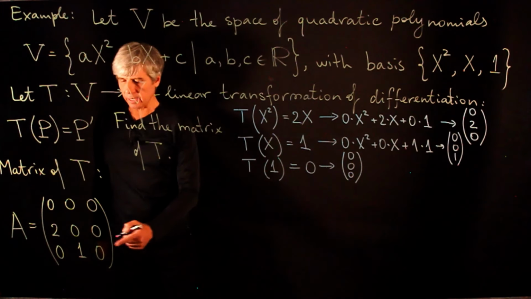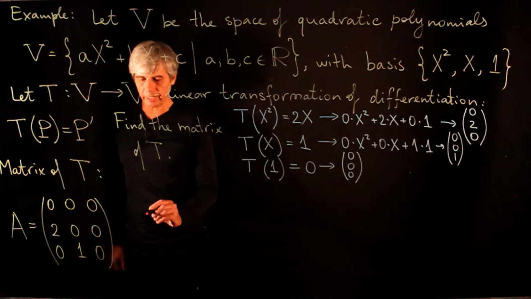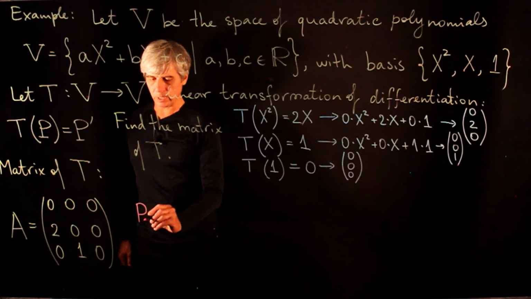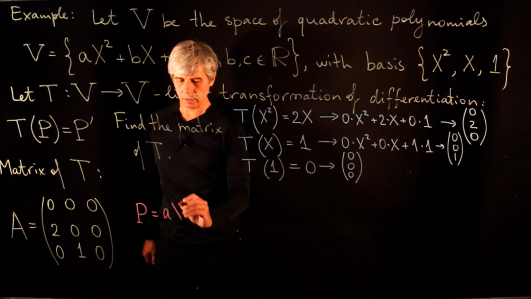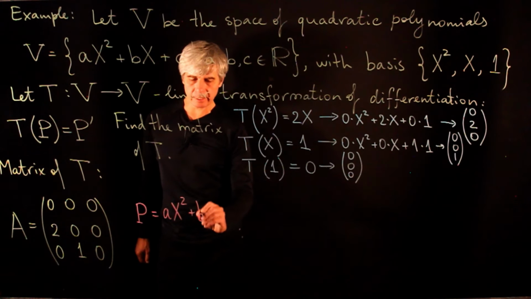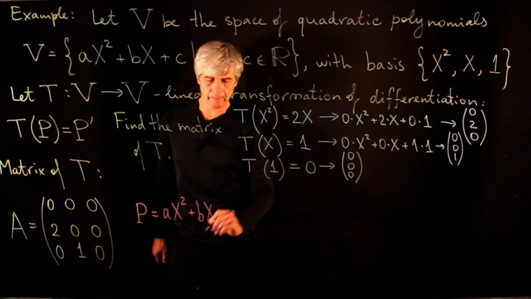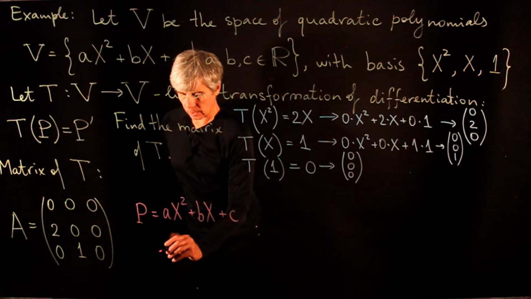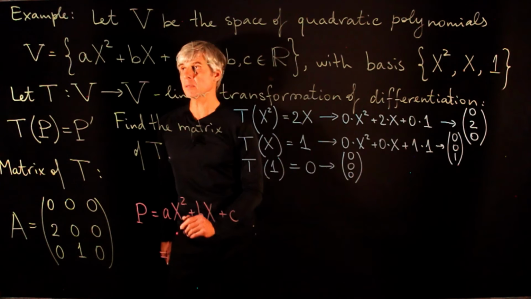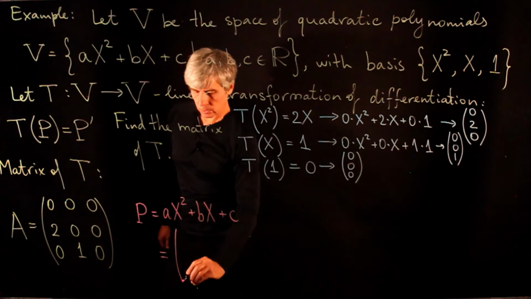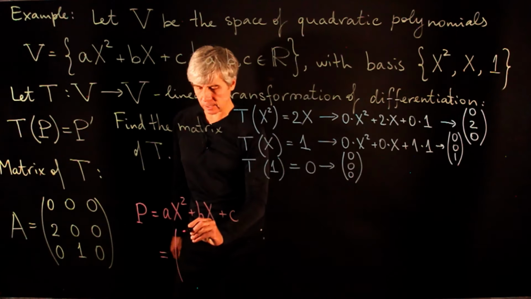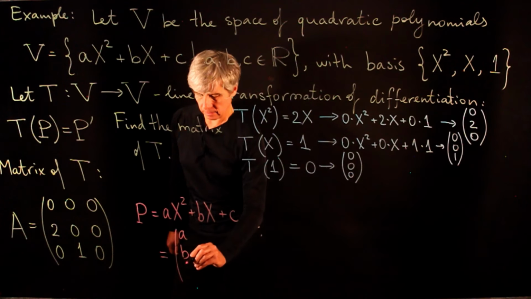Now let us see how we can use this matrix to calculate the derivative. If we take a polynomial p, which is ax squared plus bx plus c, then using our isomorphism between V and R3, this is interpreted as a column ABC.